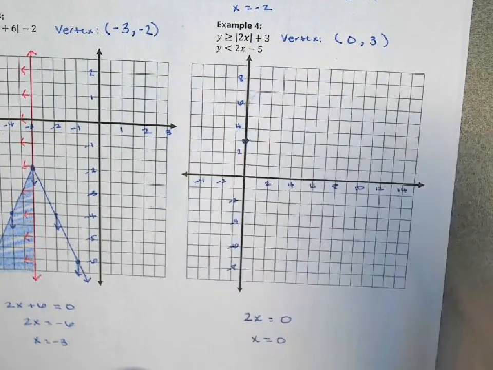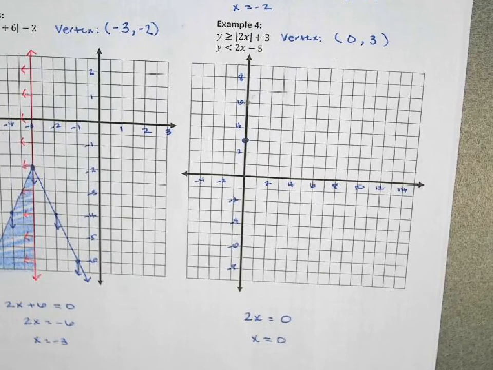Then (0, 3) will be there. We could have done it the other way, but we would have kind of run out of space and it would have been no good because you wouldn't be able to see what we need to see here.